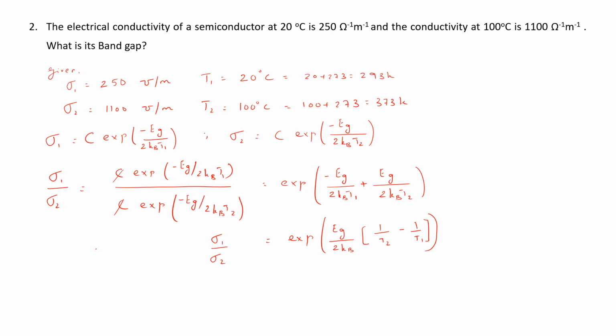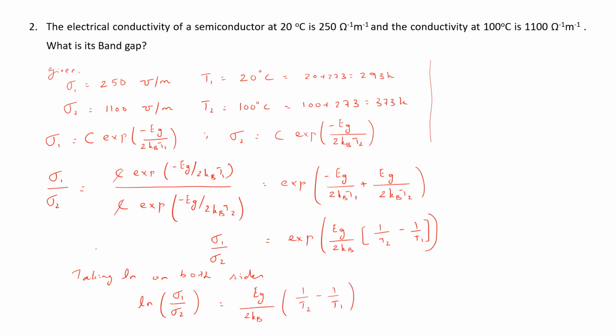What I want is Eg, which is present inside the exponential, so I have to take ln on both sides. So ln sigma 1 by sigma 2 is equal to, ln and exponential get cancelled, Eg divided by 2 kB into 1 by T2 minus 1 by T1.